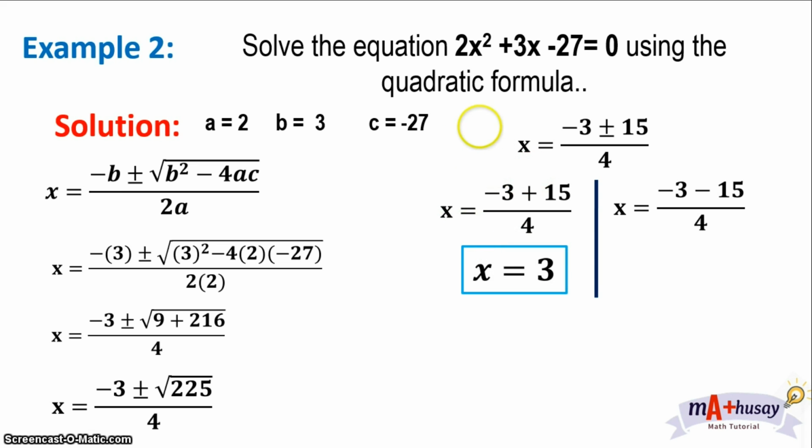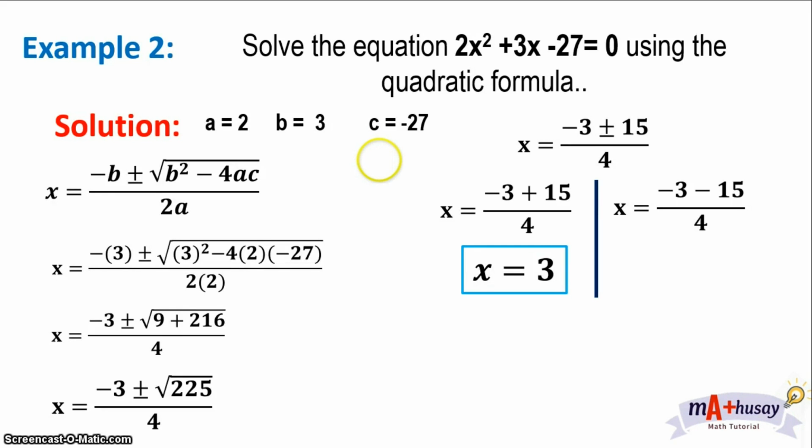Now, we simplify the roots. For the first solution, we have x is equal to 3 because -3 plus 15 is 12. Divided by 4, it's 3. The other solution naman, we have negative 3 minus 15 all over 4.